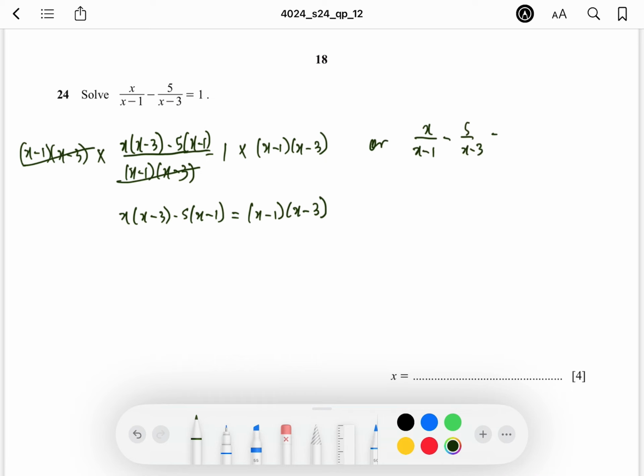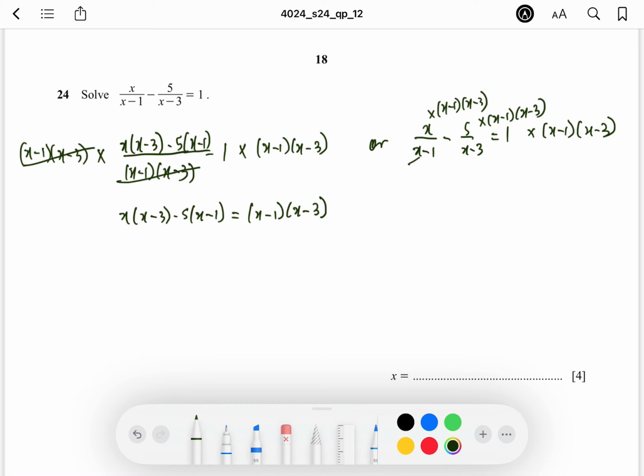Or the original one, you multiply with x minus 1, x minus 3. So sini teacher buat alih-alih ya. Because ada 2 terms sini. So x minus 1, x minus 3. And then sini x minus 1, x minus 3. Because of the minus sign sini. So it is 2 terms yang you multiply. Okay.